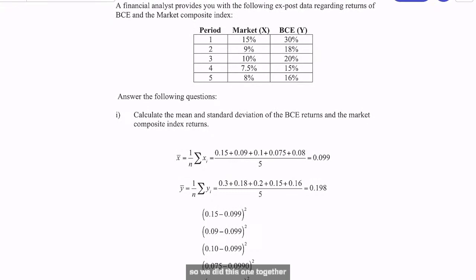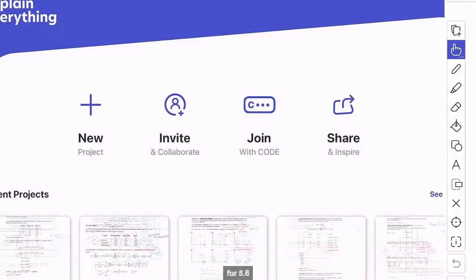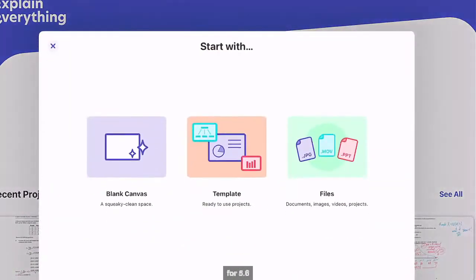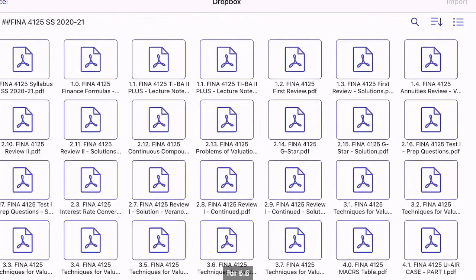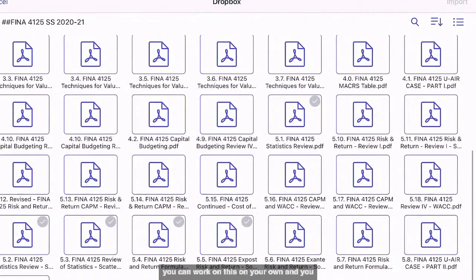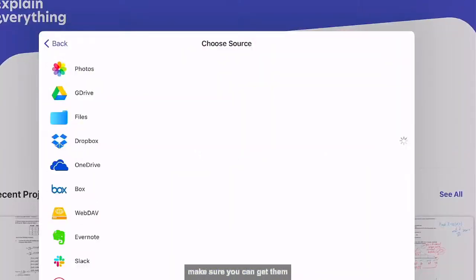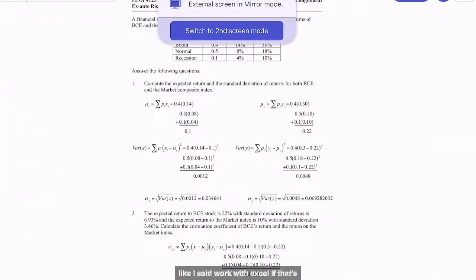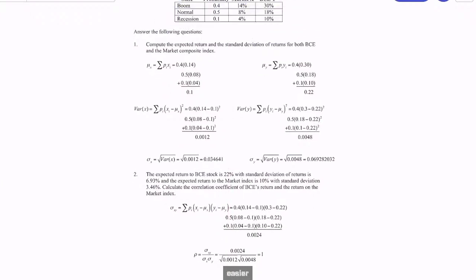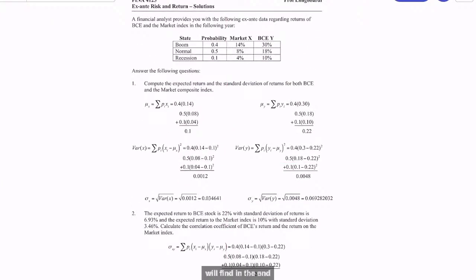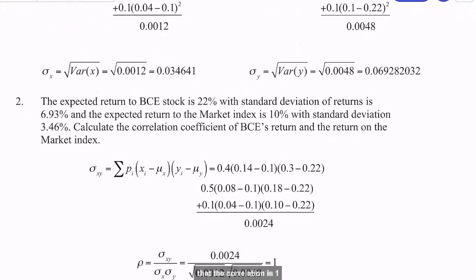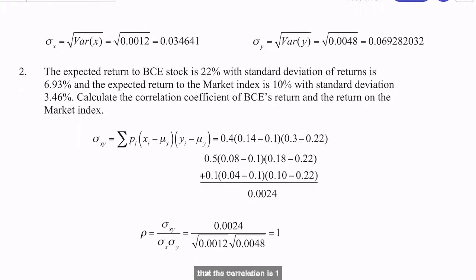We did this one together for 5.6. You can work on this on your own, and I have all the answers there, so just make sure you can get them. Work with Excel if that's easier, just to check your answers, but you will find in the end that the correlation is 1 and the slope is still 2.